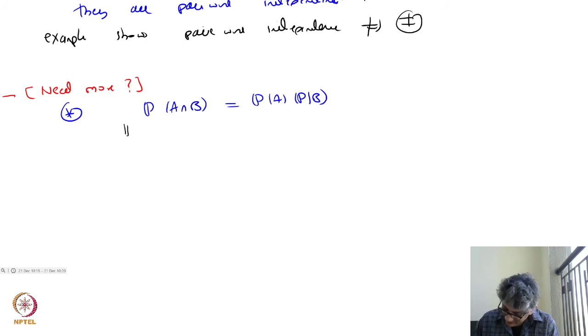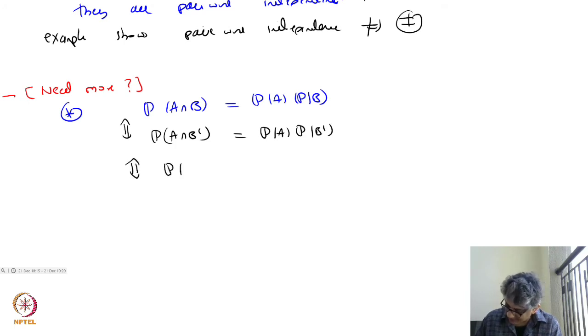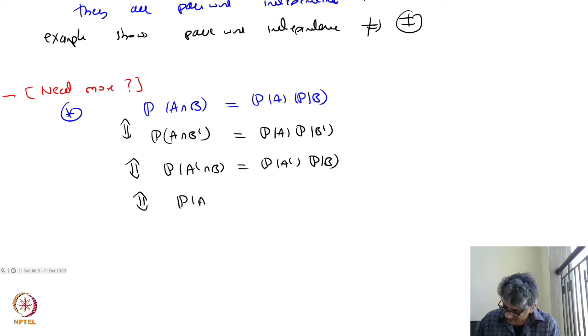This will actually imply and be implied by probability of A and B complement is probability of A times probability of B complement. It is also equivalent to probability of A complement and B equal to probability of A complement times probability of B, and is equivalent to, what's the last one, probability of A complement and B complement equal to probability of A complement times probability of B complement.